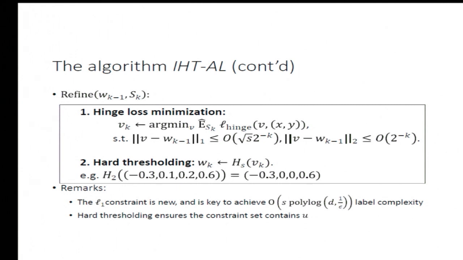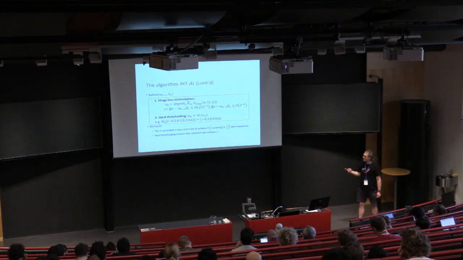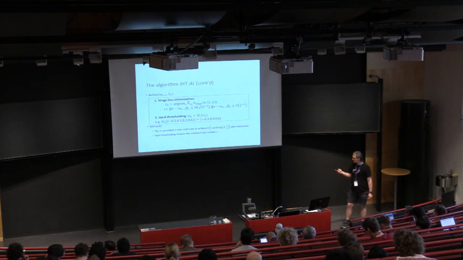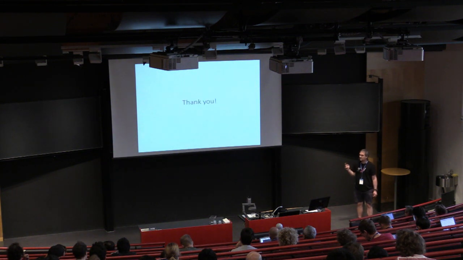The combination of these two constraints is kind of where the magic happens. And then after you find this v, you might in general have a vector which has a large number of non-zeros, so you just impose a hard threshold which preserves the largest s magnitude parameters. So that's it.